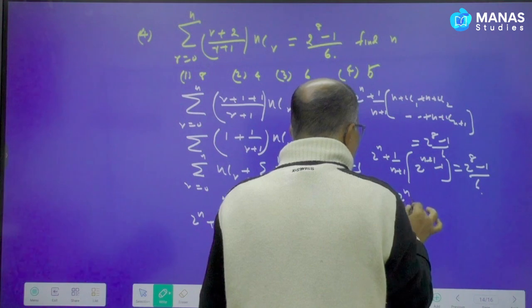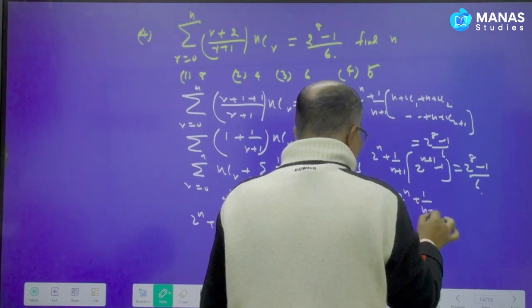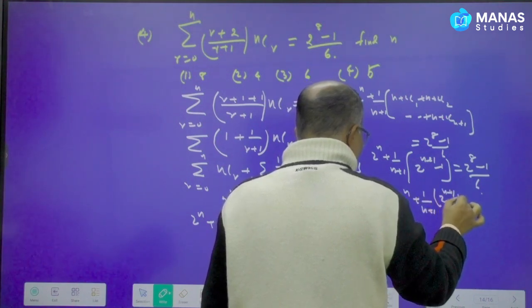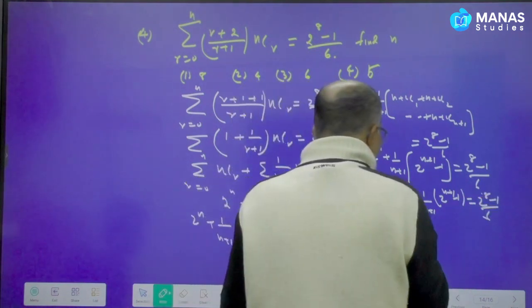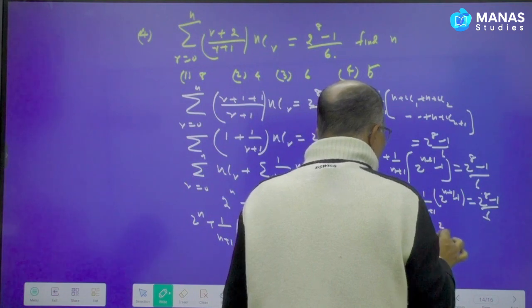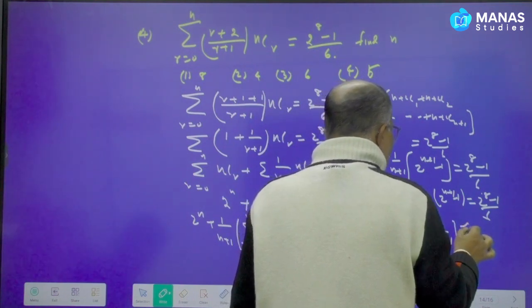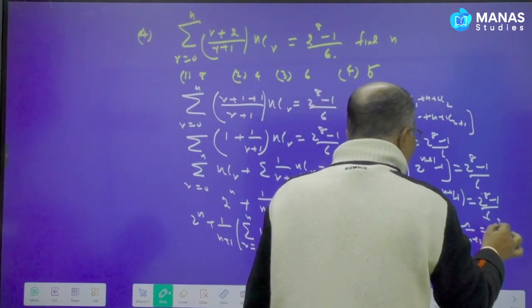So 2 power n plus 1 by (n plus 1) multiplied by (2 power (n plus 1) minus 1) equal to (2 power 8 minus 1) by 6. Taking 2 power n outside, we get 1 plus 2 by (n plus 1) minus 1 by (n plus 1) equal to (2 power 8 minus 1) by 6.